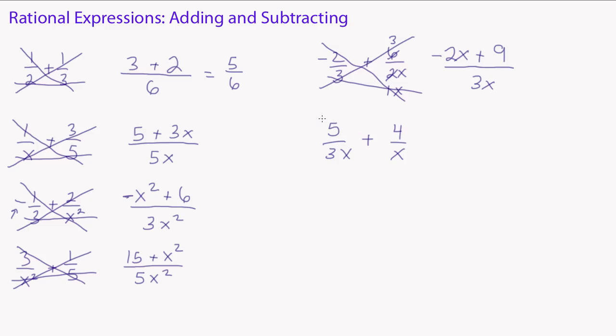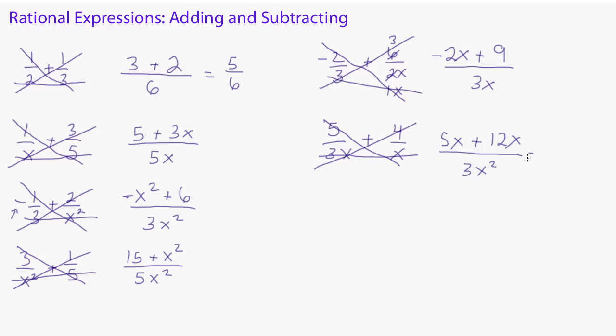So here we go. 5 times x gives you 5x. And 3x times 4 gives you 12x, all over 3 times x gives you 3x squared. There's a plus in the middle.